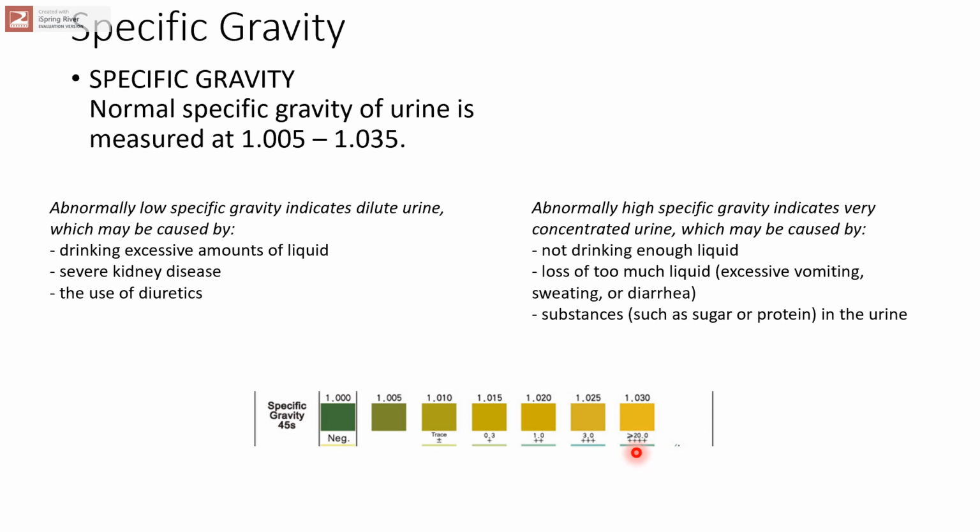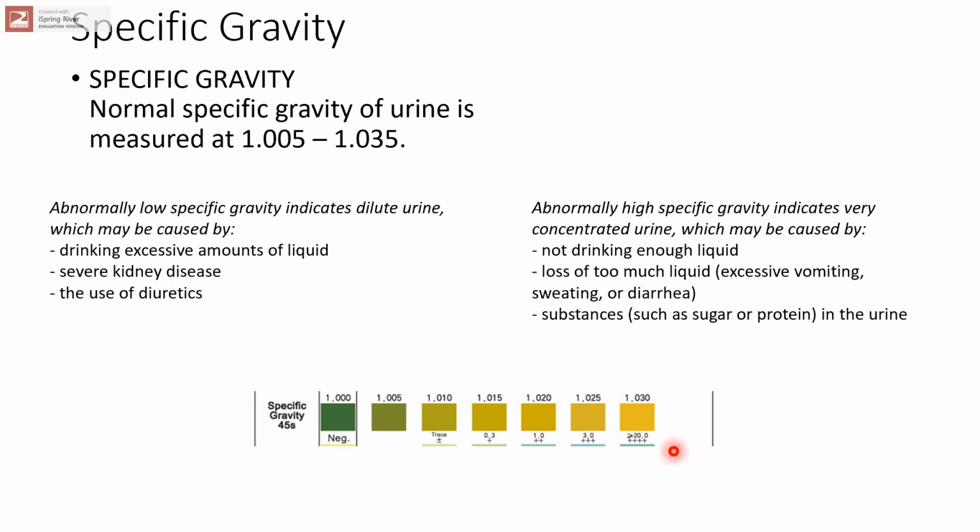Then this can have several different causes. It can be due to excessive dehydration, or it can be due to a condition known as SIADH, wherein a person secretes an inappropriate amount of ADH, and there's not enough water released out of the body, right?